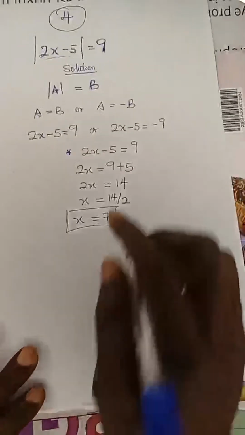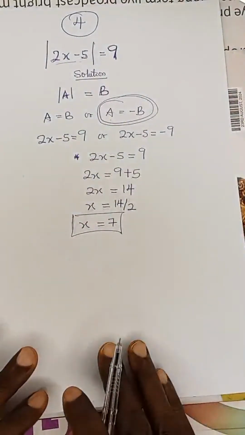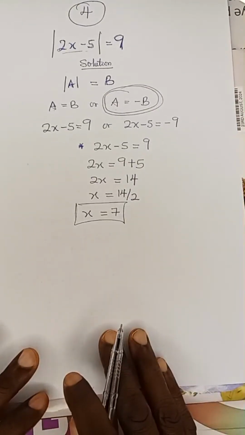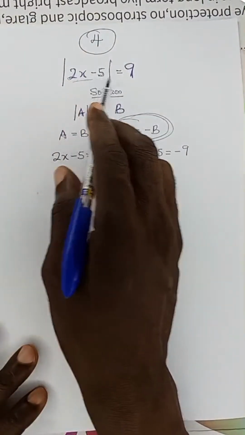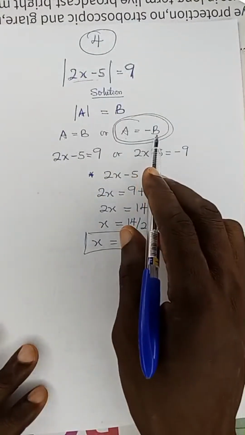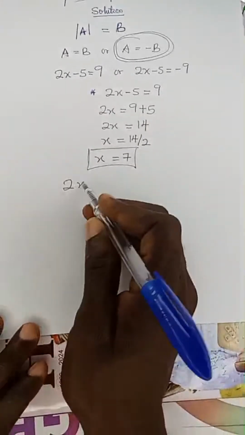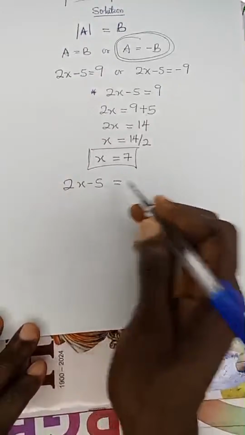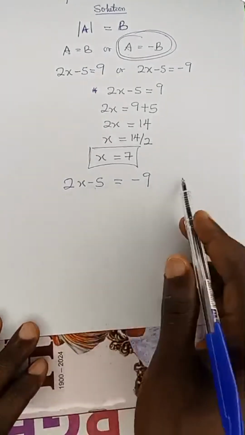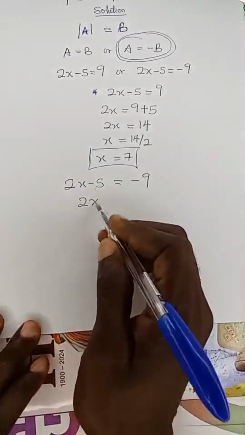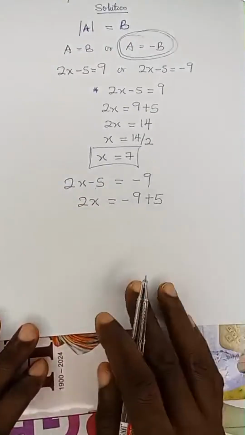Then don't forget, I said or this, so let's look at this now. A equals minus B. Don't forget our equation: 2x minus 5 equals minus 9 now. We take this minus 5 to that side, so we have 2x equals minus 9 plus 5.